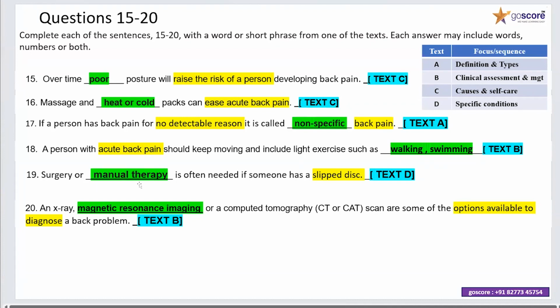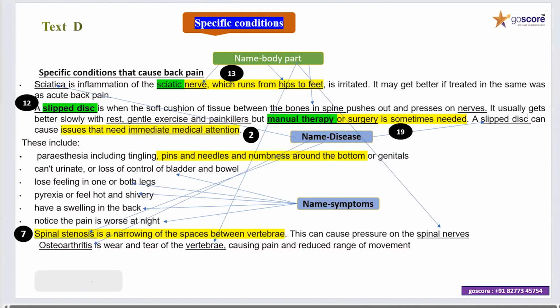For that, you have to move to text D. Here you can see, it usually gets better slowly with rest, gentle exercise and painkillers, but manual therapy or surgery is sometimes needed. So what is needed? Manual therapy or surgery. So surgery is mentioned there.